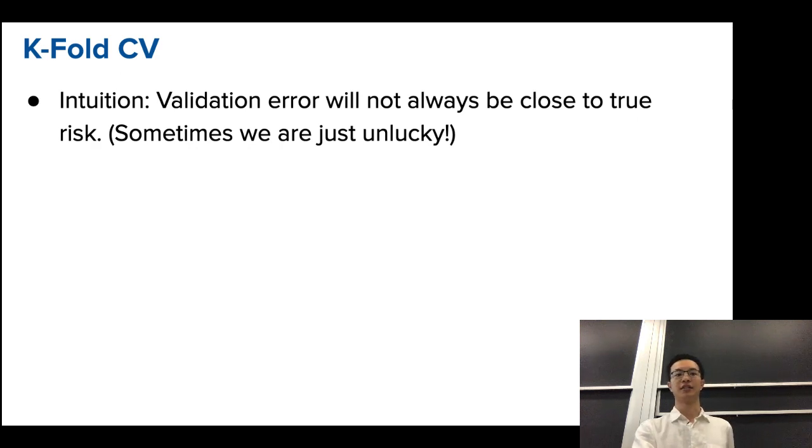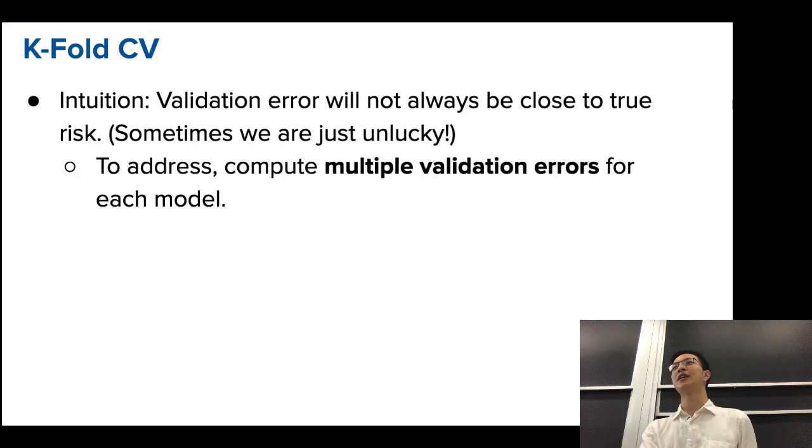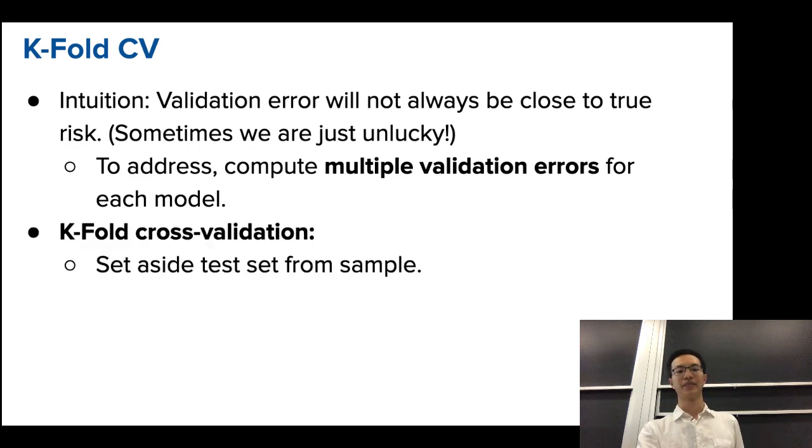So sometimes you get unlucky, and the idea behind cross-validation is to mitigate some of your unluckiness by computing multiple validation errors for the same model. If you make 5 validation errors per model, then chances are the variability in your validation error will even itself out. Even if you get unlucky on one trial, the other 4 trials will hopefully balance out that one bad one.